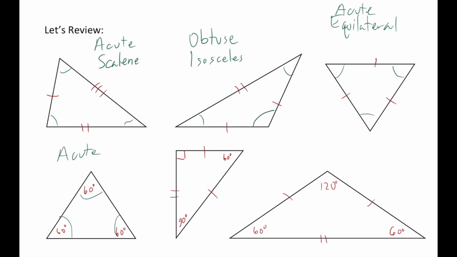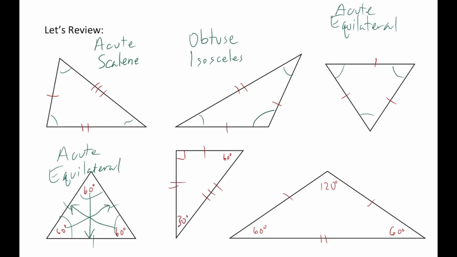And something that's going to be really important, and we'll see in a video later on in this lesson, is that if all of my angles are the same, then my opposite sides are also the same. So I could say that all 3 of those are the same. And so I would have an acute equilateral triangle. All right, and we'll talk more about that. If that was a little bit confusing, that's okay. We'll talk more about that later on in the lesson.